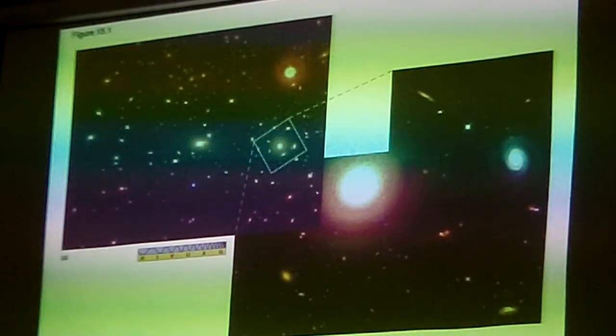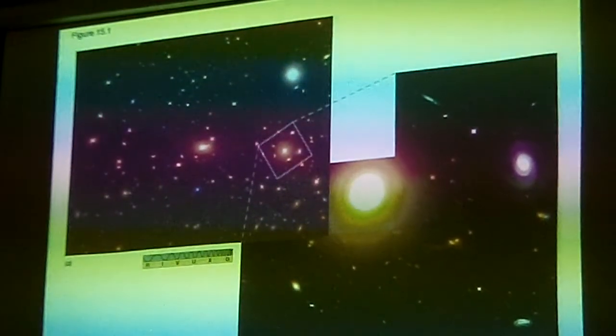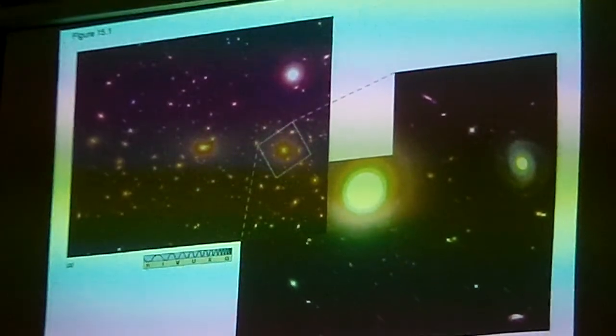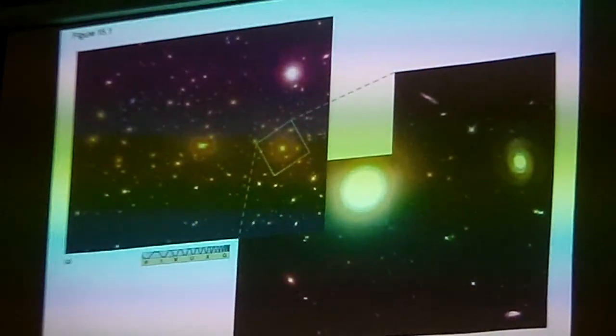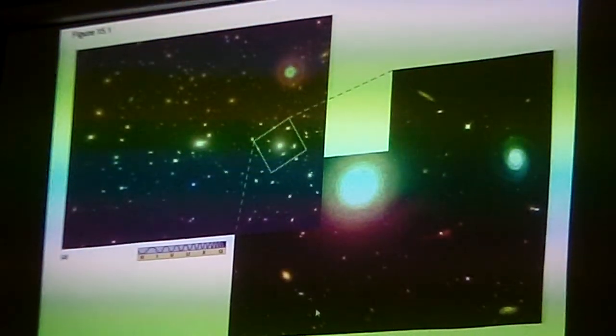So we can't see any individual stars inside that galaxy. We can barely see the galaxy. But it is made of stars. Because there are galaxies that are closer, like the Magellanic Cloud, and you can see the individual stars in that galaxy.